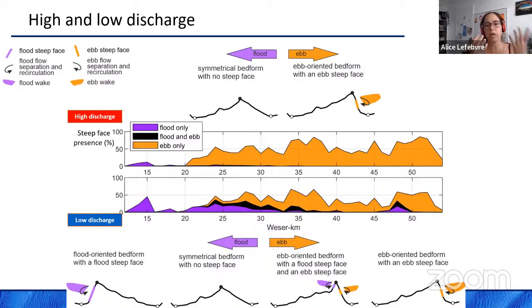But what I would like people to remember is that the roughness is very likely to vary depending on the tidal phase, and also depending on the river discharge. And of course, all those variations are also varying depending on the position along the estuary. So it shouldn't be that one roughness can be used for the whole estuary the whole time.